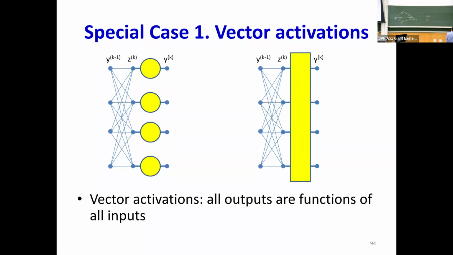It was f prime of Zi times the derivative of the divergence with respect to Yi, right? This is what we wrote. Will this still hold? Why will it not hold? It affects the other Yi's.